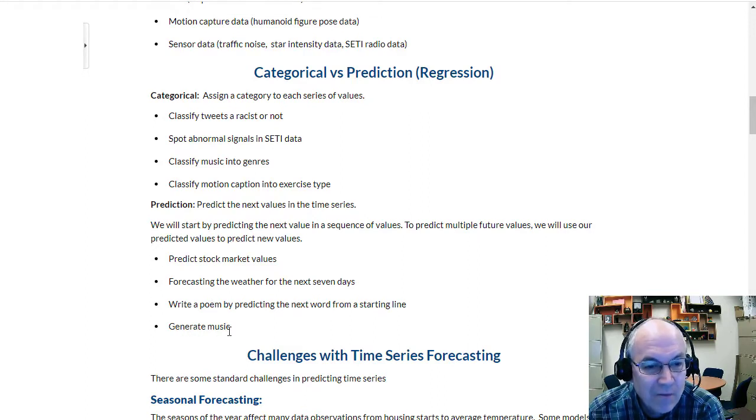And similarly, for generating music, can we do that? There are people now trying to write whole musicals by breaking a musical down into different components and then training neural networks to create those different components.